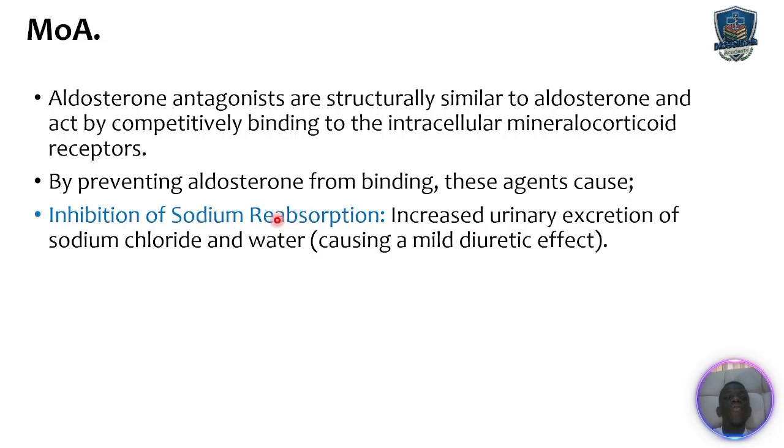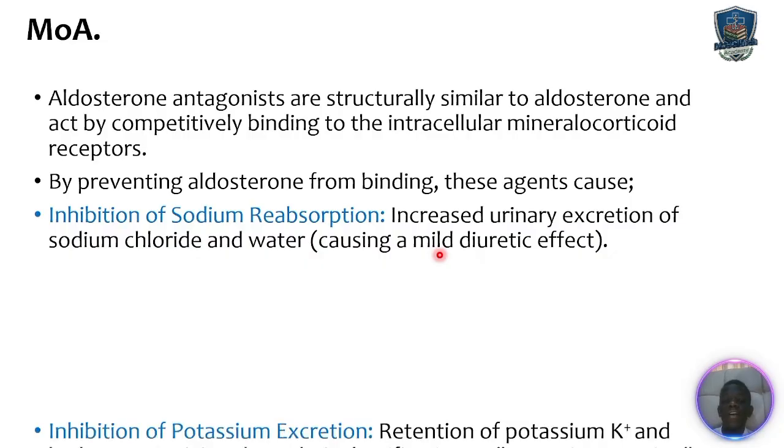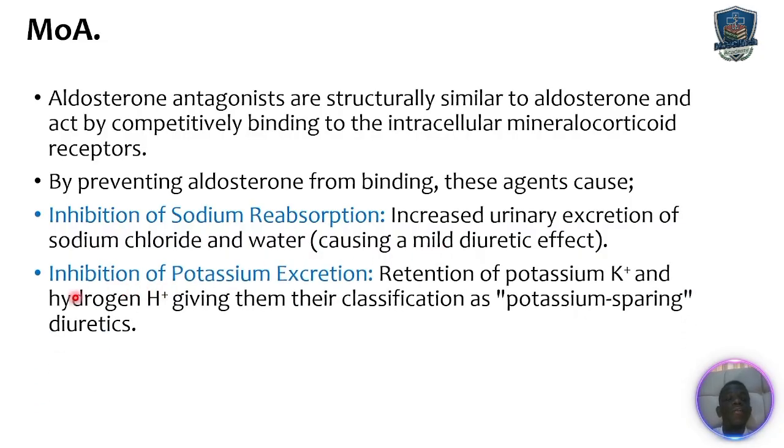And we know that when you inhibit sodium reabsorption, you are also inhibiting water reabsorption. So it causes a mild diuretic effect. Another one here is inhibition of potassium excretion. We know one of the major actions of aldosterone is that it leads to retention of potassium. So retention of potassium and hydrogen gives the classification as potassium sparing.